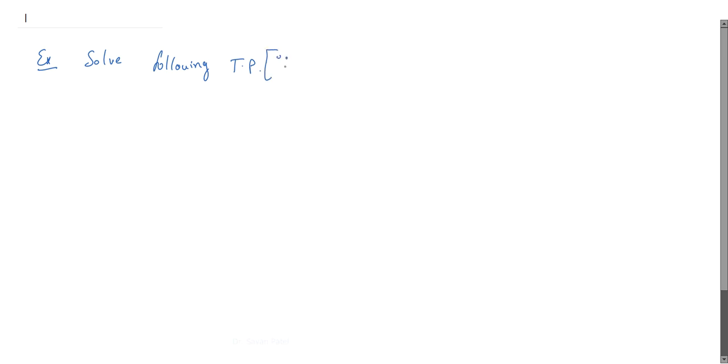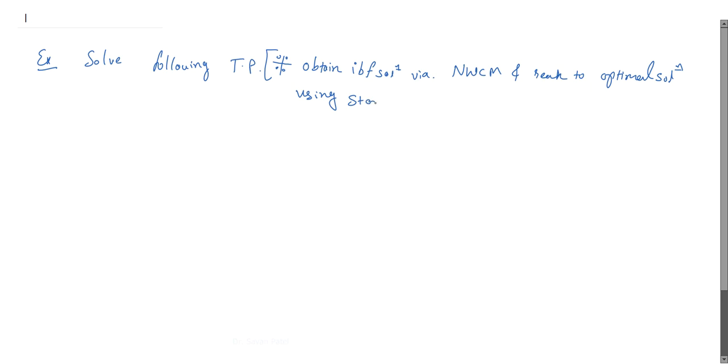In brackets, I am saying: obtain the initial basic feasible solution via the northwest corner method and reach the optimal solution using the stepping stone method.